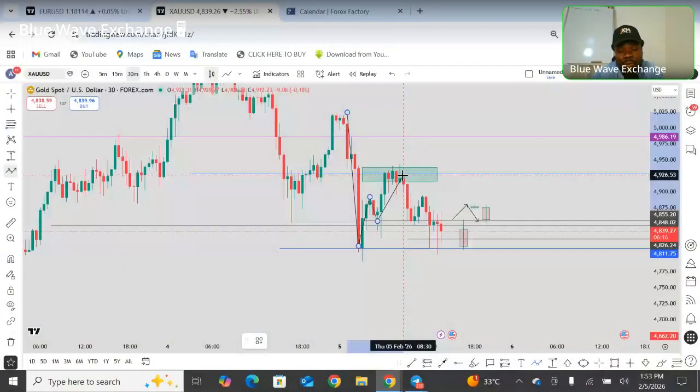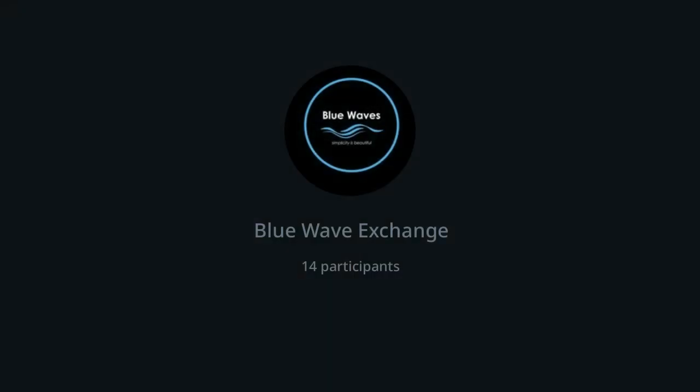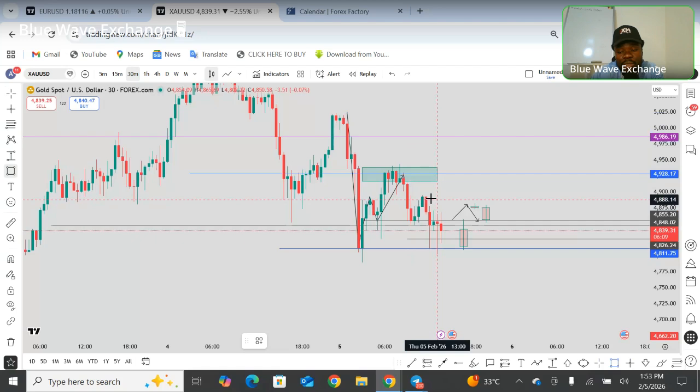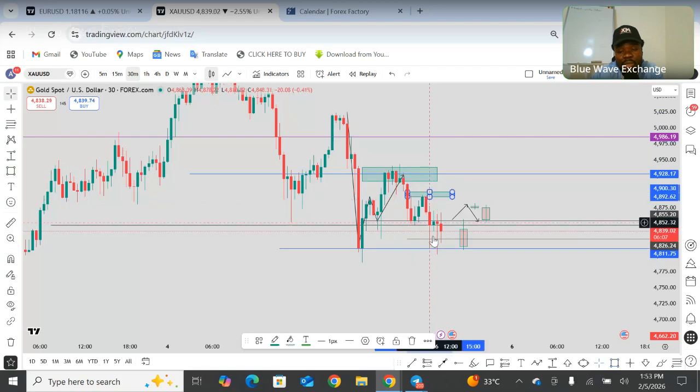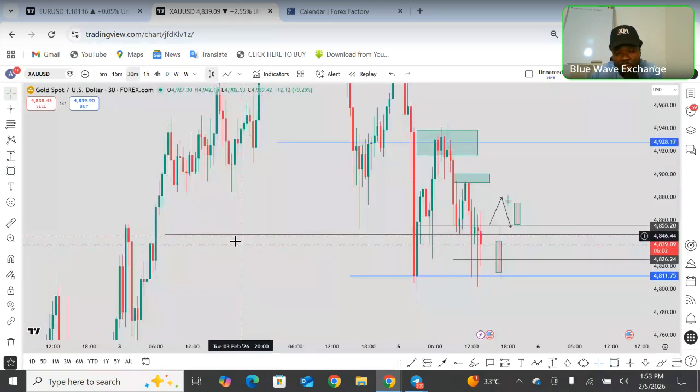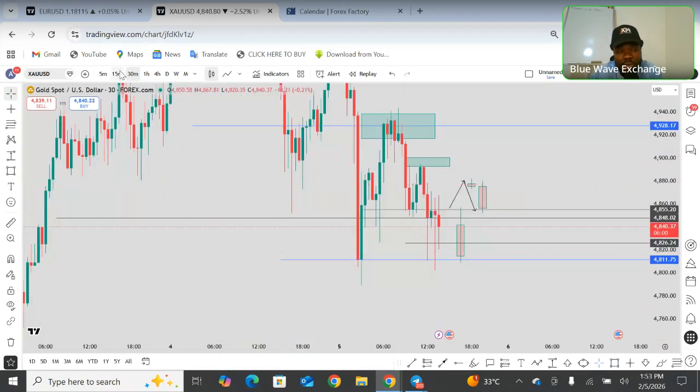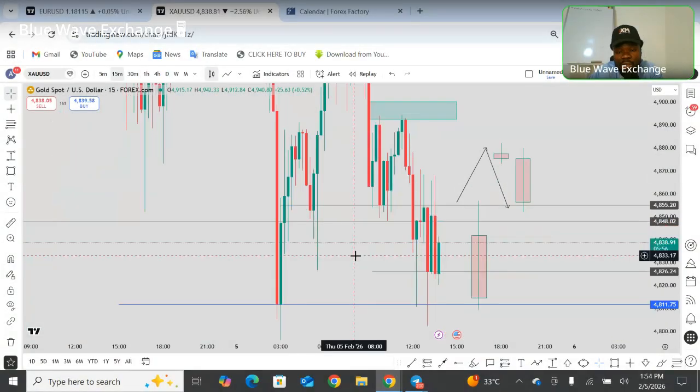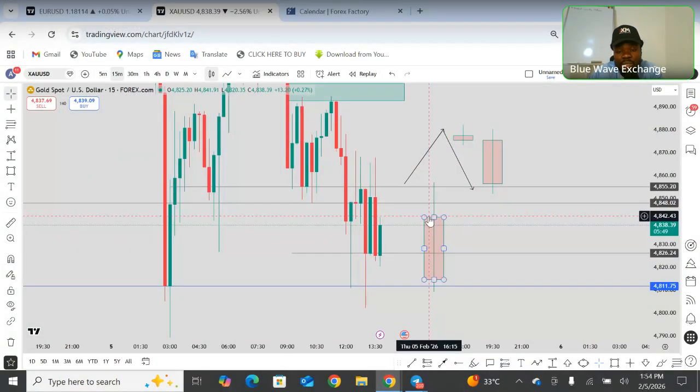Similar thing over here. Price created this resistance over here, continuation. You see how market structure works. If you move to the M15 time frame, I'm expecting a similar thing. The way this one just moved before us, we are waiting for this one to do the same thing.